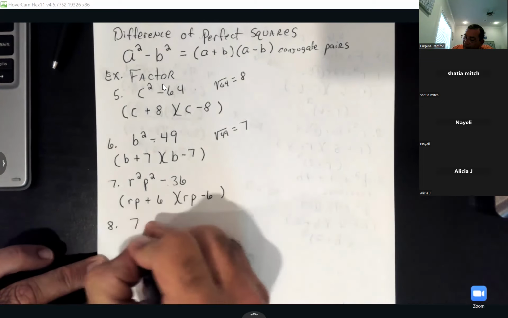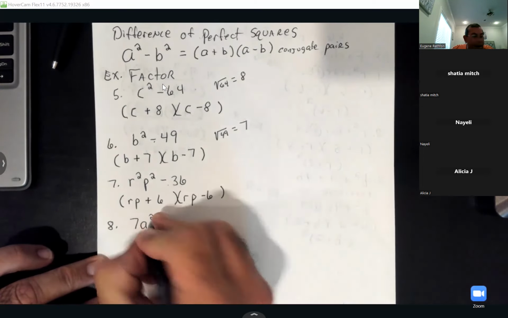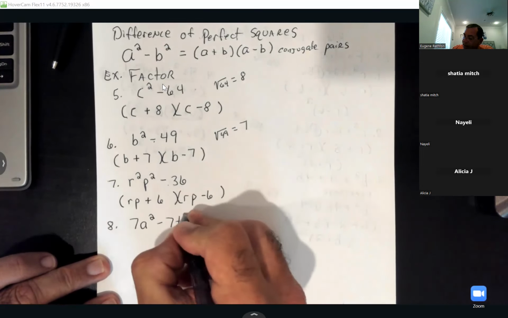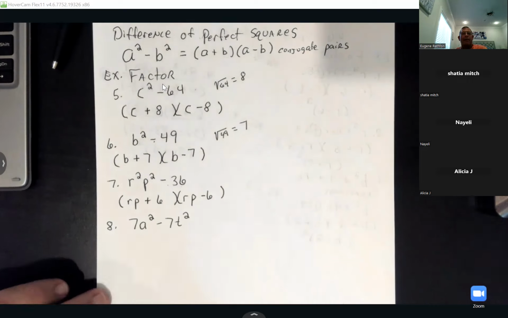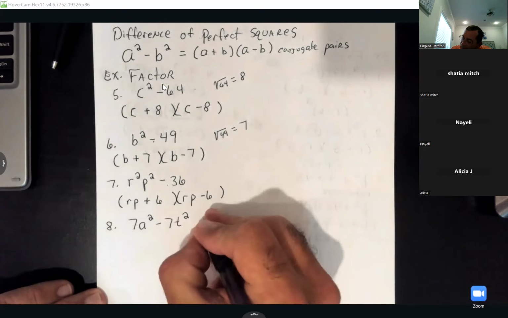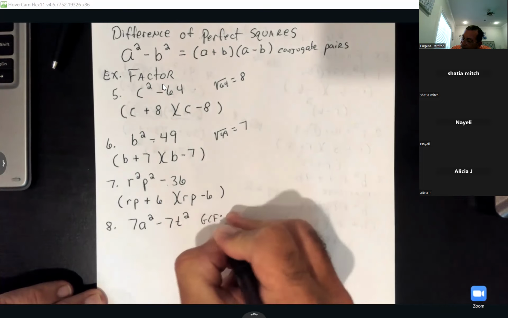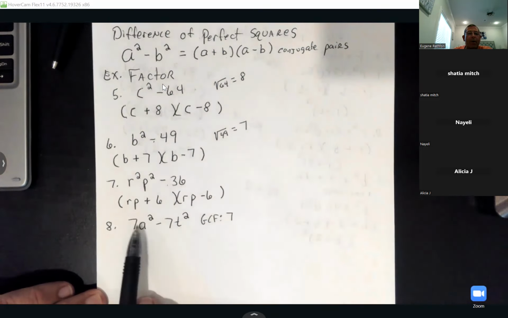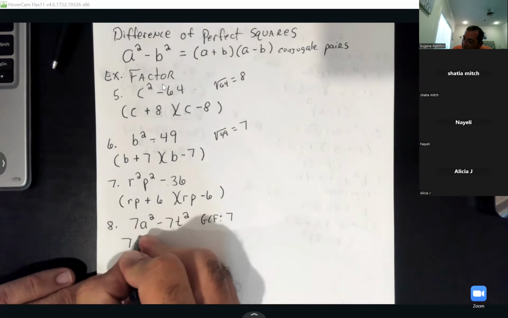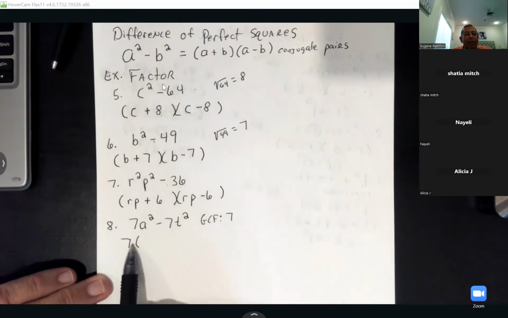All righty, 7a squared minus 7t squared. So guess what? This one does have a greatest common factor. I got a greatest common factor of 7 because both these got a 7 in them. So the first thing we want to do is factor out that greatest common factor of 7.